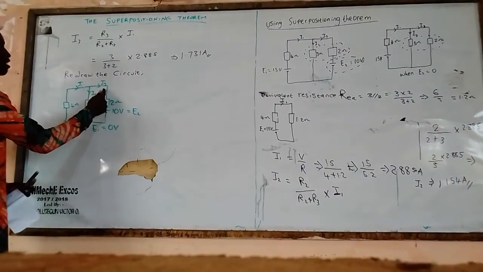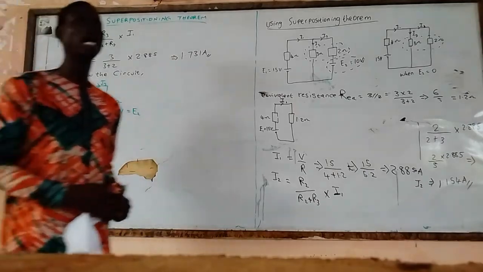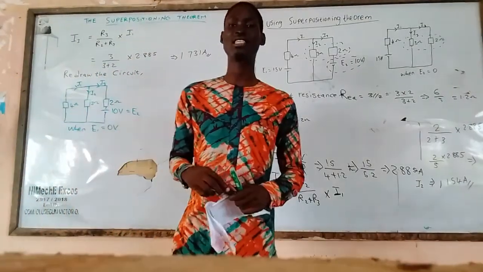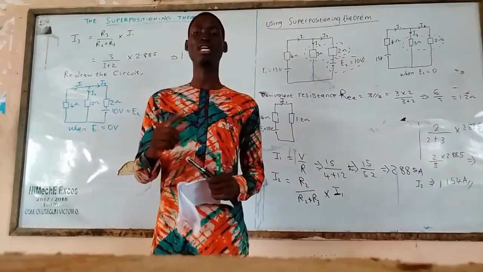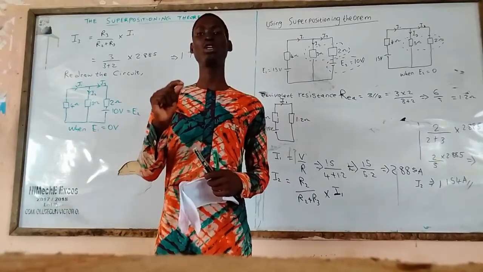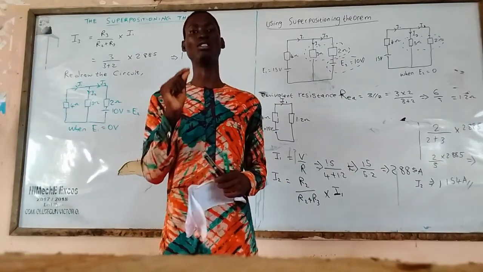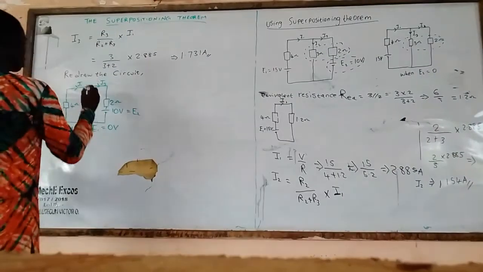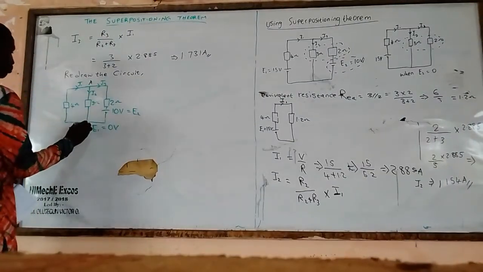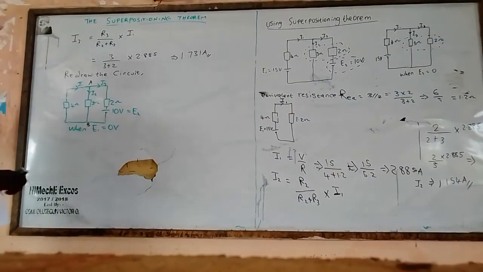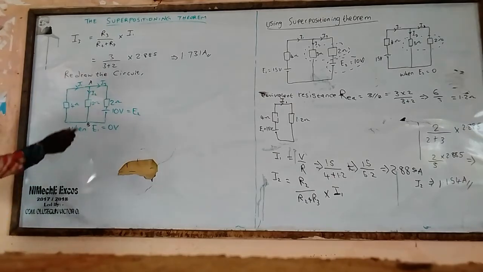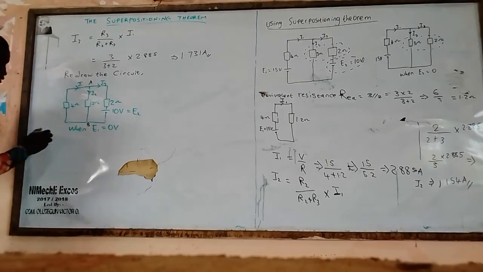So we are going to solve our I3 first. Our I2 will be negative, but our I1 is the only current that is flowing through point A. That's point A here, and that's point B here. So for that, I am going to look for I3 first.